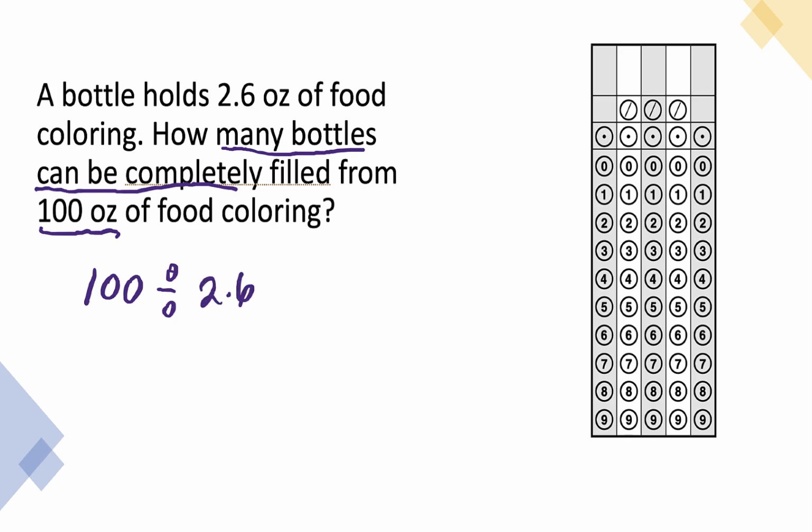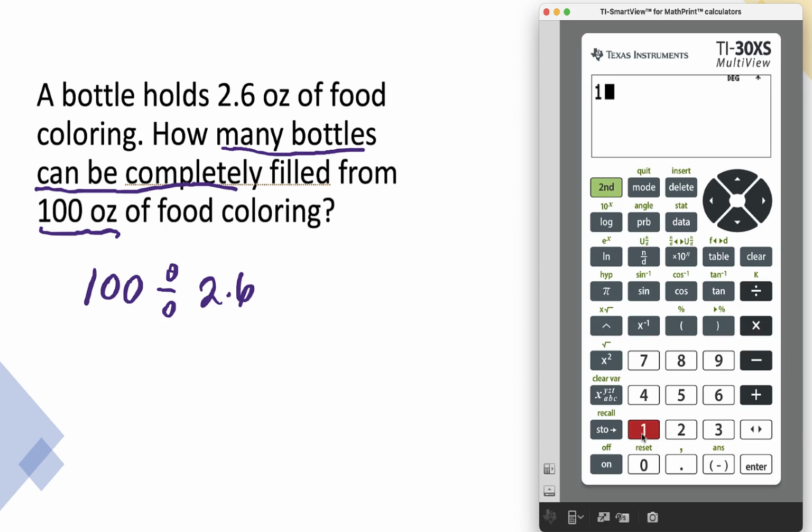So I'm going to get my calculator, and let's put that in. 100 divided by 2.6. Now notice that when I divide, my answer is 38.46153846. If you're on a computer-based test and you enter all of this, your answer will be incorrect. On the gridded response items, the grid cannot accommodate it.